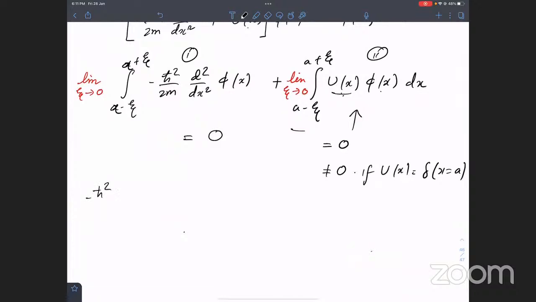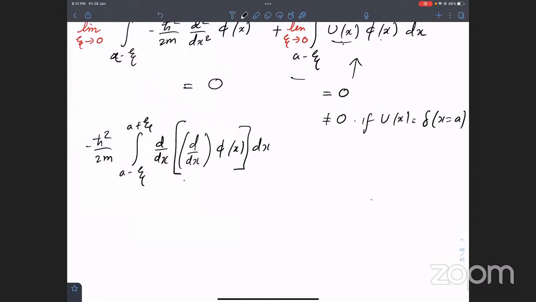So I have minus h squared by 2m, integrating from a minus zeta to a plus zeta, d by dx of phi of x dx.